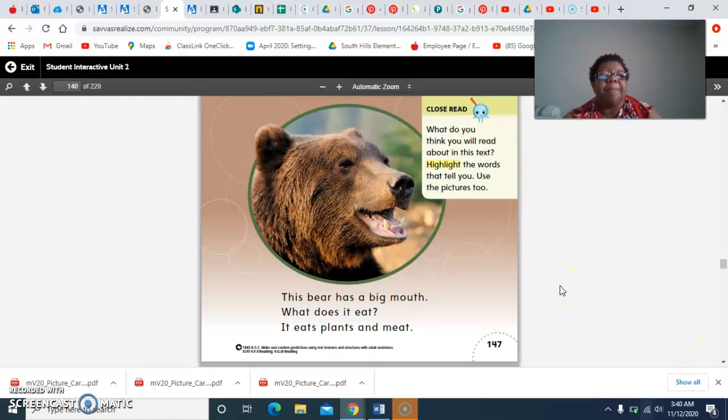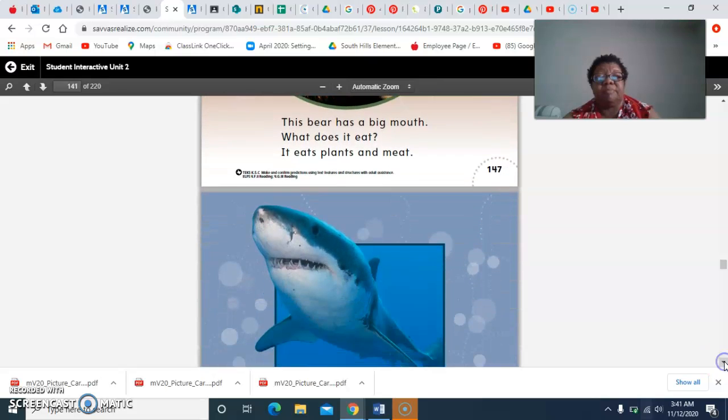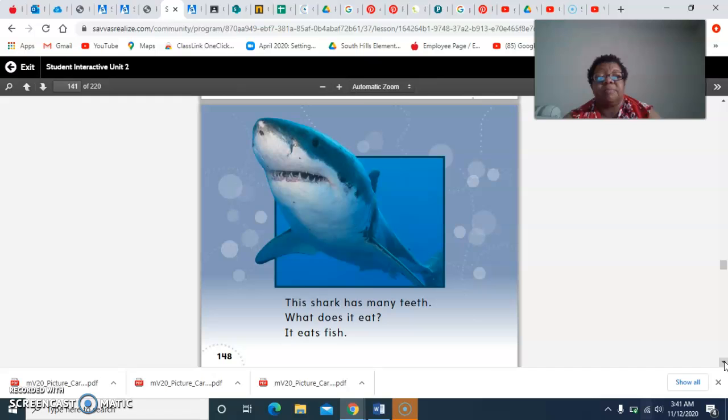This bear has a big mouth. What does it eat? It eats plants and meat. This shark has many teeth. What does it eat? It eats fish.